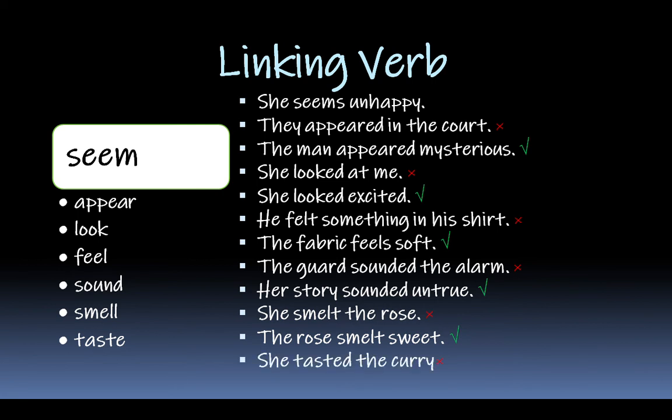She tasted the curry. She did something practically, physically, using her hands and tongue maybe, or using a spoon and her tongue. But the pizza tasted stale. Pizza बासी लग रहा था चखने में. It was actually giving out a particular kind of taste.